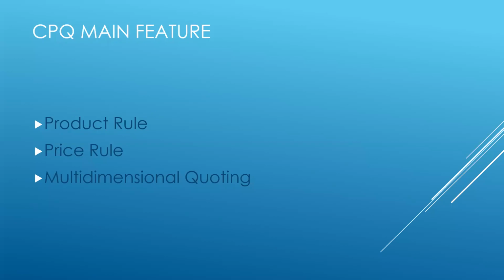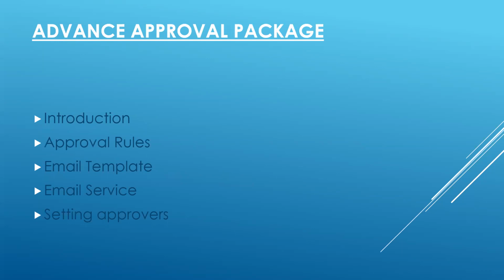Okay, so these are all the major features that we have in the CPQ, and these are all the highlights I have. We also have detailed components that we are including in this, with all the objects that we have with each one of them. Additionally, we will be providing an advanced approval package. I believe the advanced approval package is very helpful, and what I have seen until now is that whoever is using CPQ is using the advanced approval package.